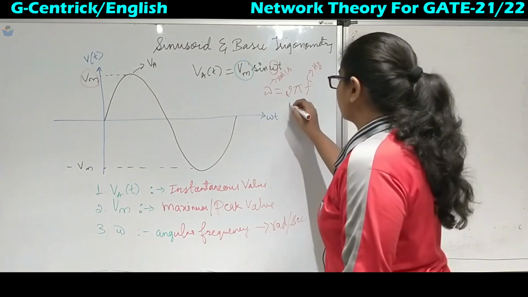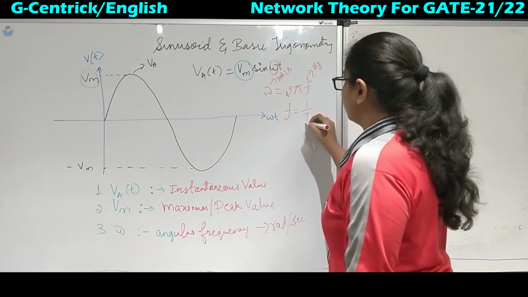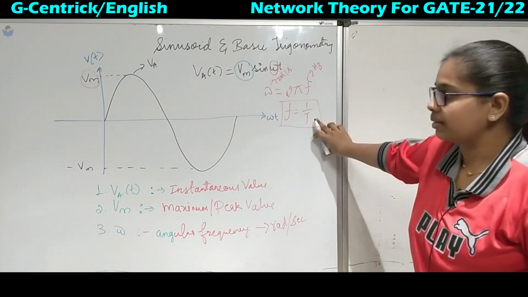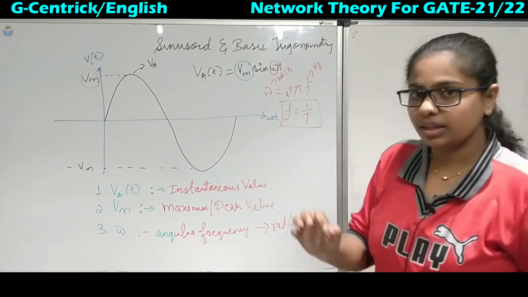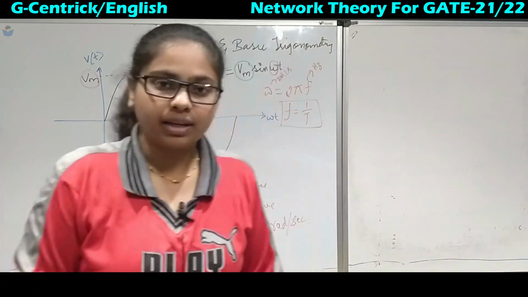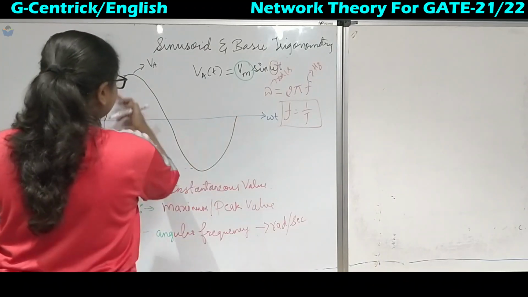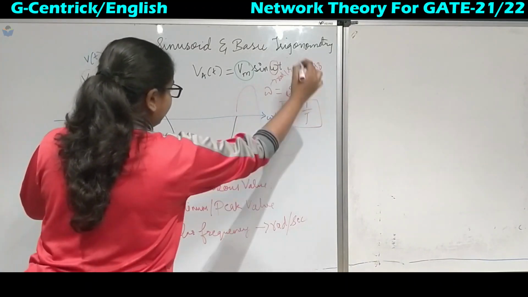This frequency has one more equation, that is 1 over time period. What does time period mean? We call it the fundamental time period also. It means that after some time this cycle will repeat again.